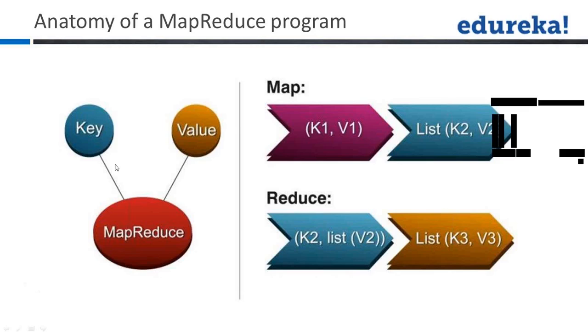So remove everything which is not required from that data and come up with key value pairs, a key and a value pair, here K1, V1. Do not worry if these equations are not making things very clear. I'll show you an example as well. Let's understand with the equation and then we'll go to the example. The next thing we need to do is a sort.